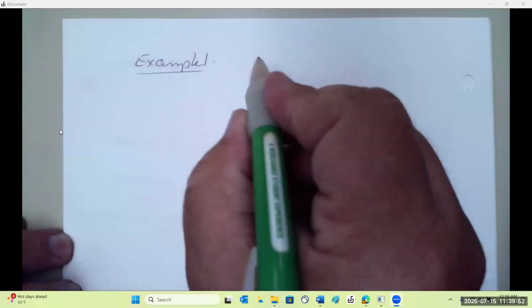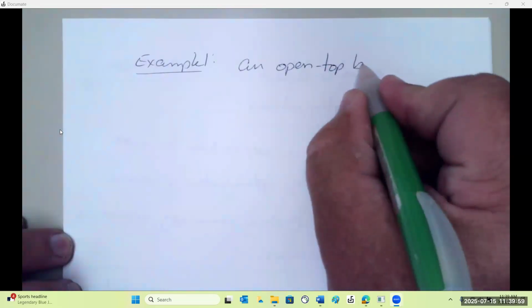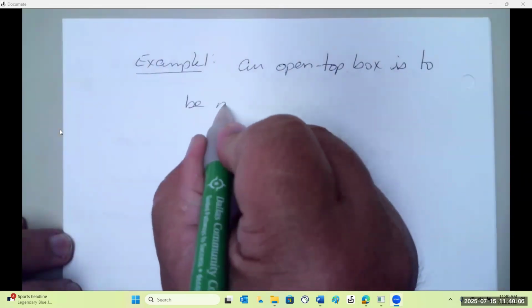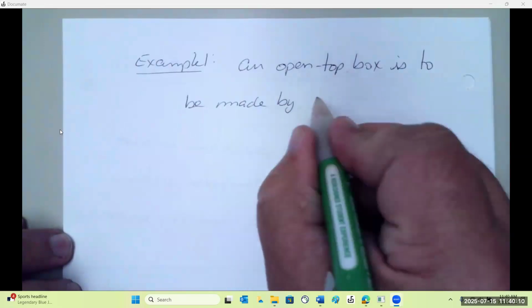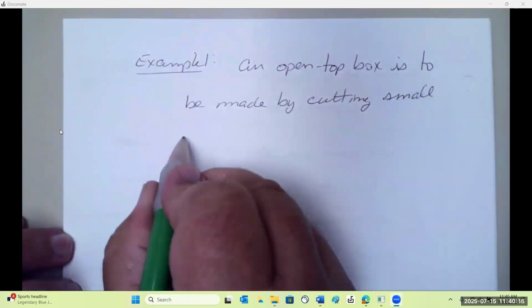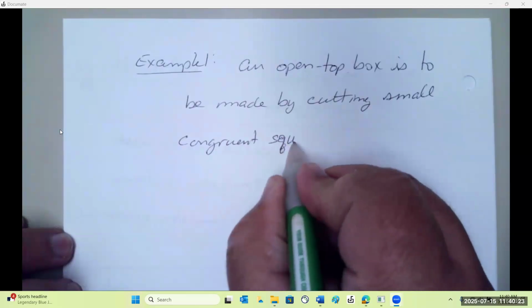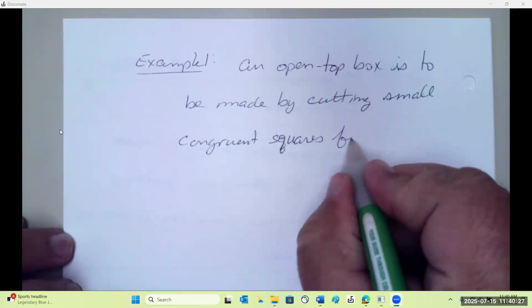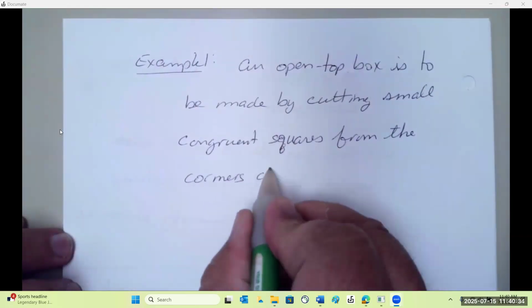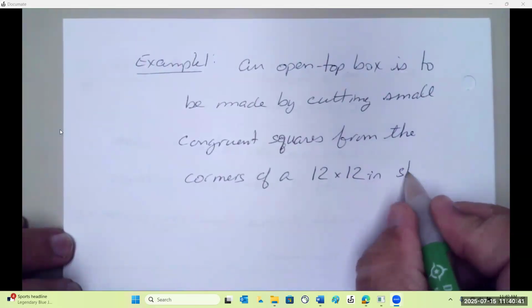Example 1 says, an open top box is to be made by cutting small congruent squares from the corners of a 12 by 12-inch sheet of tin.